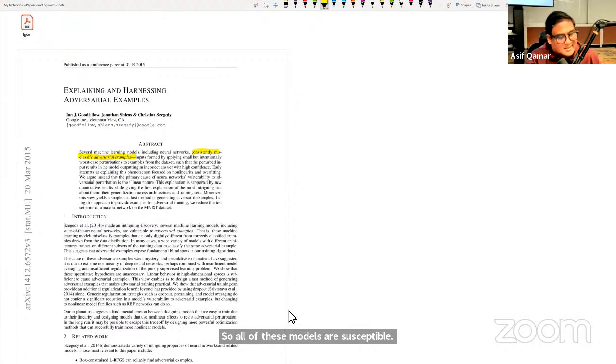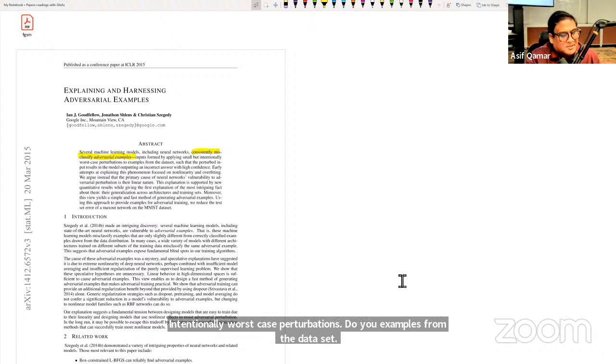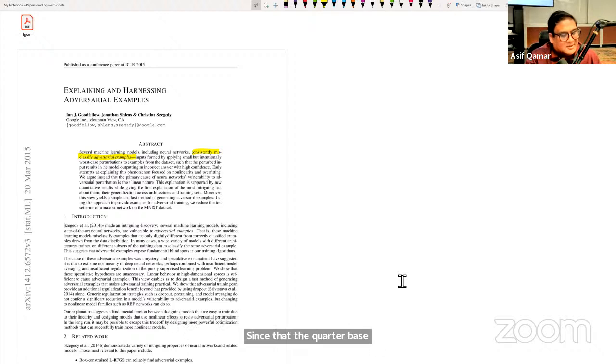What it says is, several machine learning models, including neural networks, consistently misclassify adversarial examples: inputs formed by applying small but intentionally worst case perturbations to examples from the dataset, such that the perturbed input results in the model outputting an incorrect answer with high confidence.